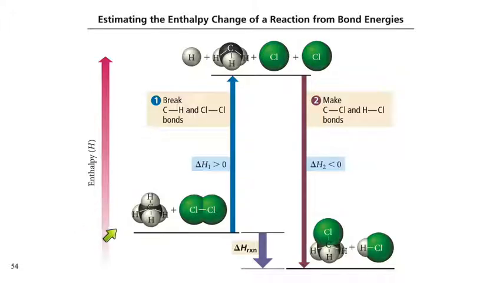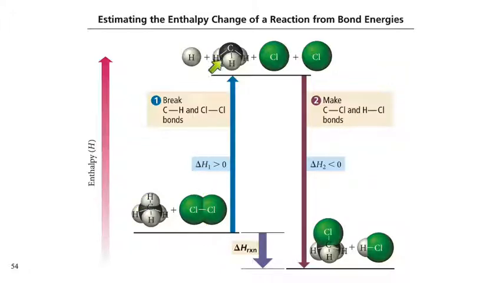Here we have a diagram. Enthalpy increasing as we go up. It's a type of energy. So here we've got methane and chlorine, and we're looking at them reacting to form chloromethane and hydrogen chloride. So we can think of what's happening here as, well, we have to break this chlorine-chlorine bond, and we have to break one of the carbon-hydrogen bonds in order for this reaction to occur.